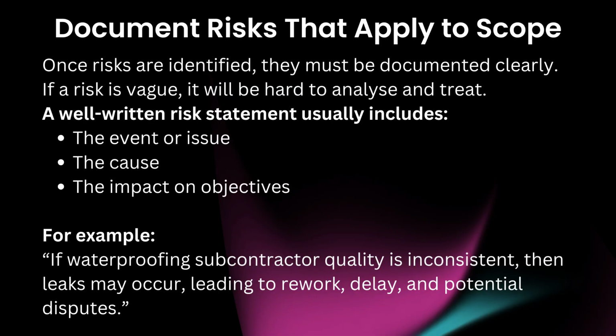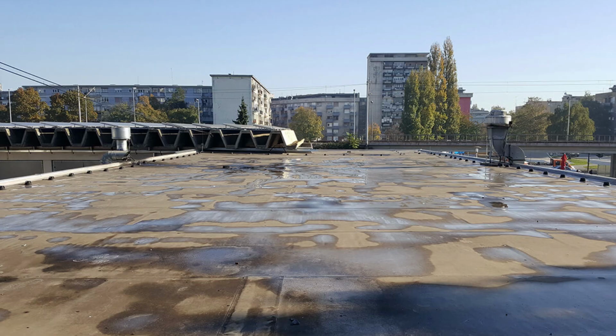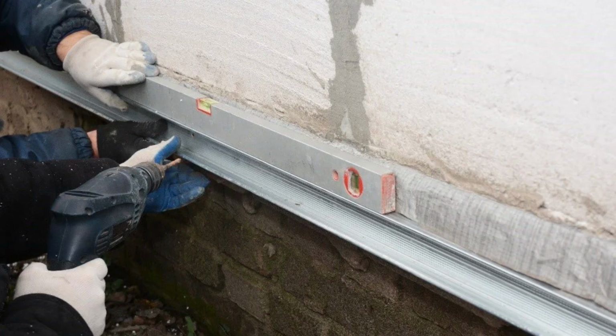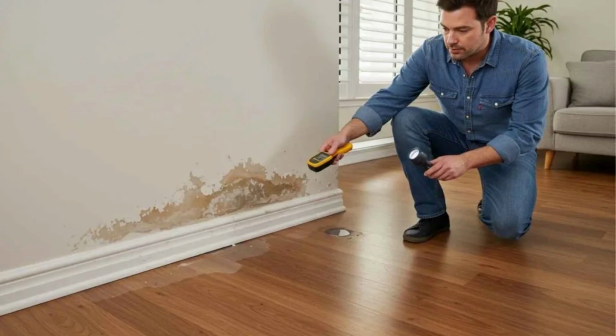Document risks that apply to scope. Once risks are identified, they must be documented clearly. If a risk is vague, it will be hard to analyze and treat. A well-written risk statement usually includes the event or issue, the cause, and the impact on objectives. For example, if waterproofing subcontractor quality is inconsistent, then leaks may occur, leading to rework, delay, and potential disputes.